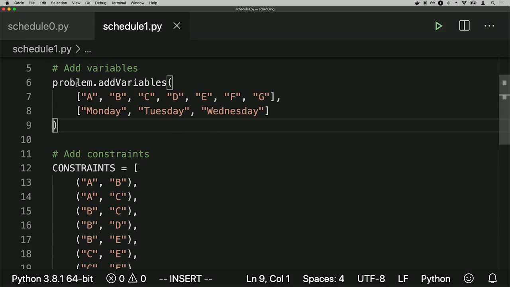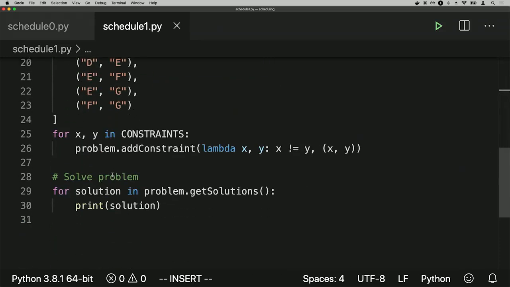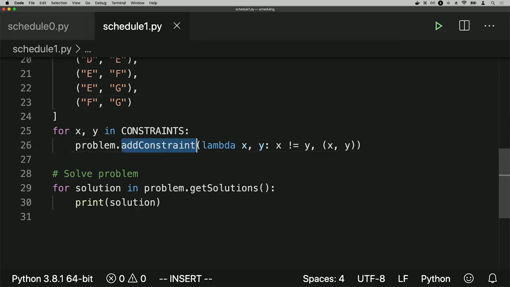So here, I create a new problem, add variables to it with particular domains. I add a whole bunch of these individual constraints where I call add constraint and pass in a function describing what the constraint is. And the constraint basically says it's a function that takes two variables, x and y, and makes sure that x is not equal to y, enforcing the idea that these two classes cannot have exams on the same day.